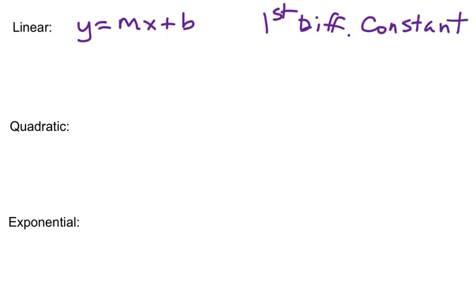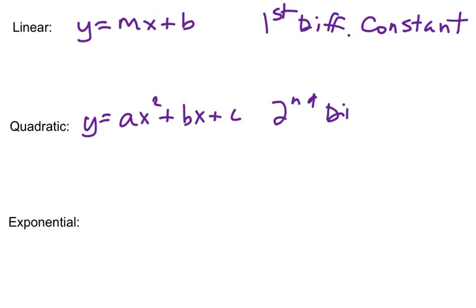And data that has a quadratic relationship can be modeled in the equation y equals ax squared plus bx plus c. And we can look at data, and if second differences are constant, we know that we can write a quadratic function to model the data.